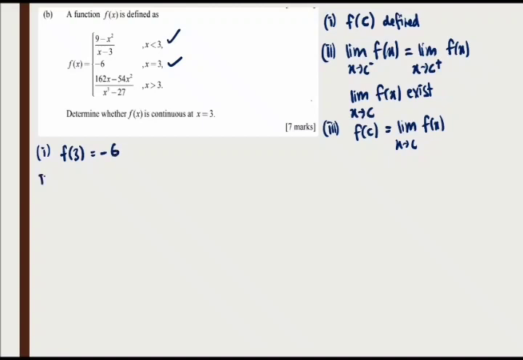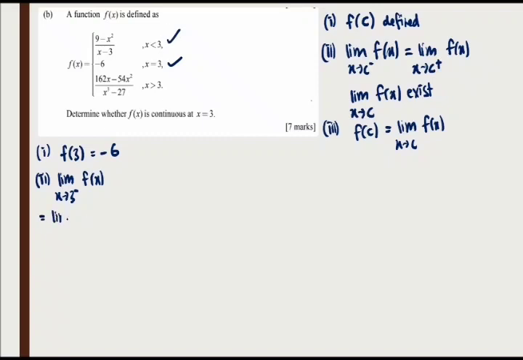And then for the second condition, we will check whether the limit of f(x) as x approaches c exists. We will check the limit from both sides: x approaching 3 from the left, and then from the right. From the left, f(x) is this first function.